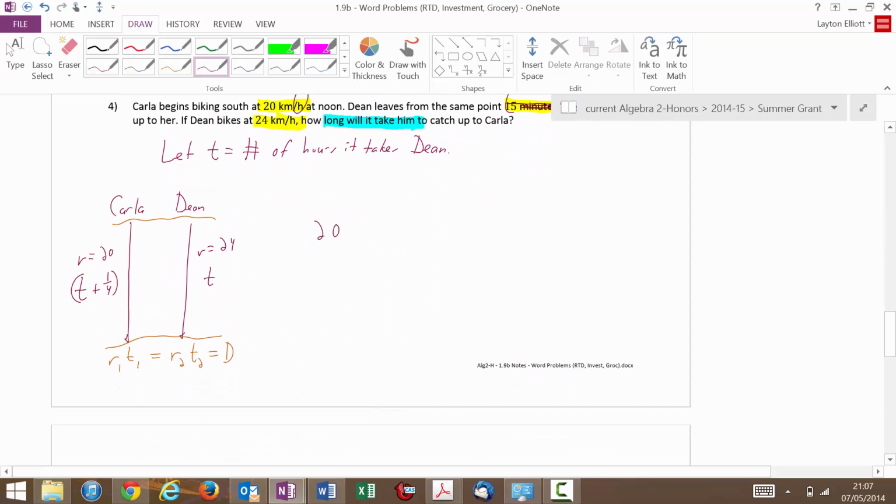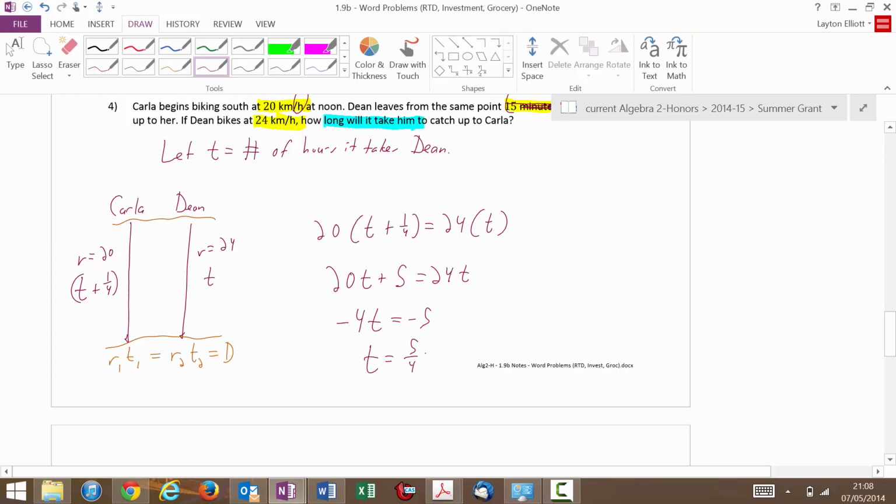Carla's rate is 20 times her time of t plus 1/4 is equal to Dean's rate of 24 times the time of t. And then we're just going to solve this algebraically. 20t plus 1/4 of 20 is 5 is equal to 24t. I like to work things on the left side even if they're negative. So negative 4t is equal to negative 5, and t is equal to 5 over 4.